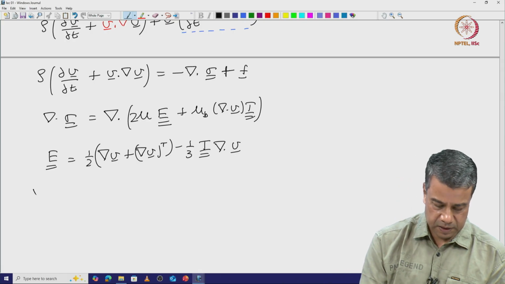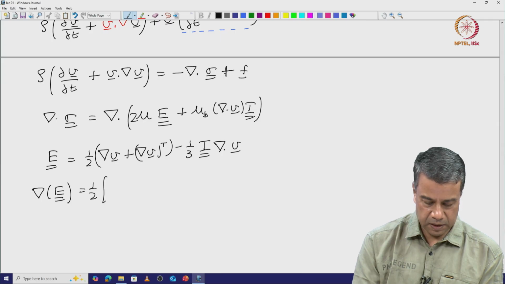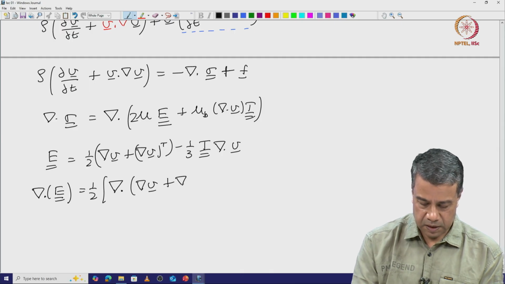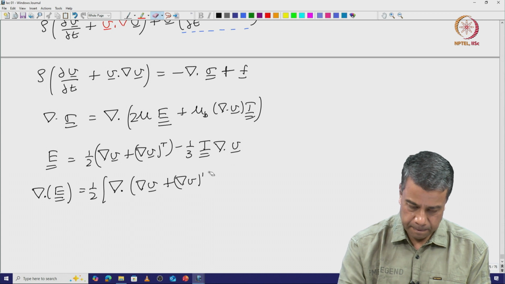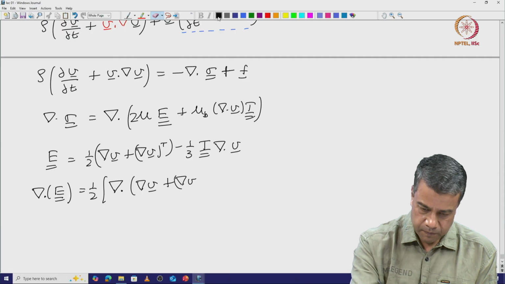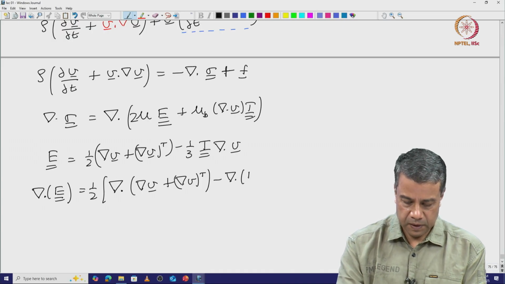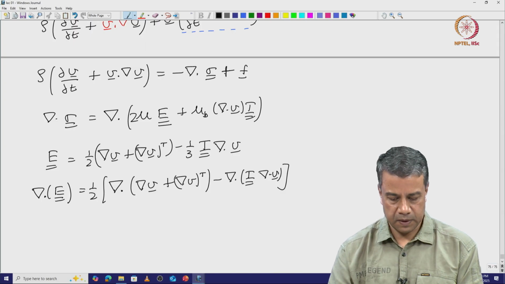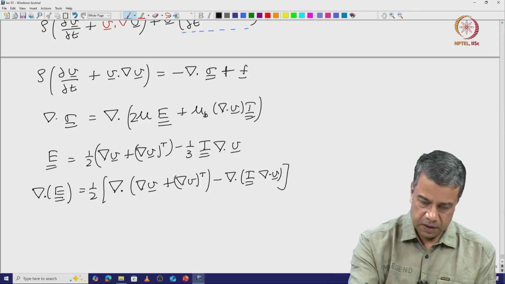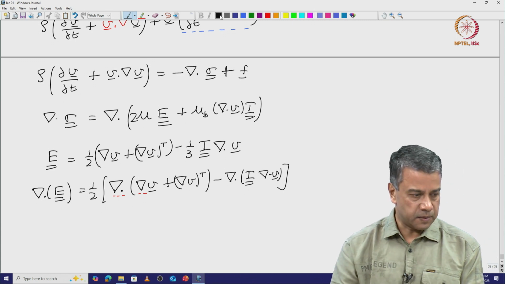So, when I take the divergence of E, I can take the half outside, and I will get the divergence acting on grad V plus grad V transpose, minus the divergence of I into del dot V. In the first term, divergence of grad V, the dot product is between the two gradient operators.